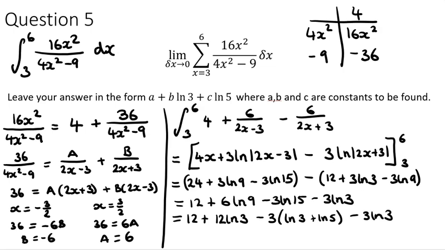And I've just got that minus natural log of 3, which is fine because it's already a natural log of 3. So we have 12 natural log of 3 minus 3 natural log of 3 minus another 3 natural log of 3. So we've got 6 of those altogether. And then I would take away 3 lots of natural log of 5. And then that would be my answer. So I've got it in that form.